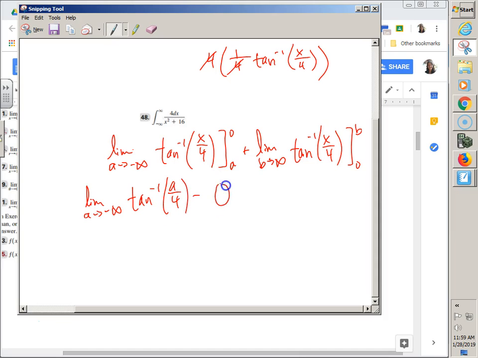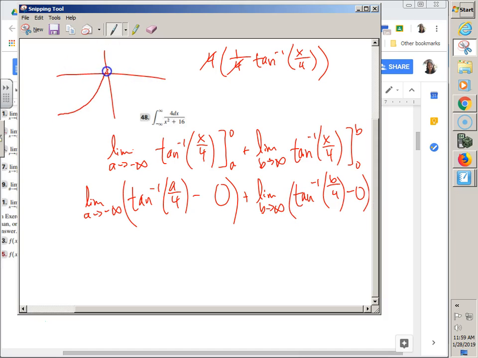Tangent inverse of 0 is 0, which makes life nice. So, are both of these geometric? Minus 0 again. Think of your tangent inverse graph again. Positive infinity is going to pi over 2. Negative infinity is going to negative pi over 2. So negative infinity, positive infinity, I think.